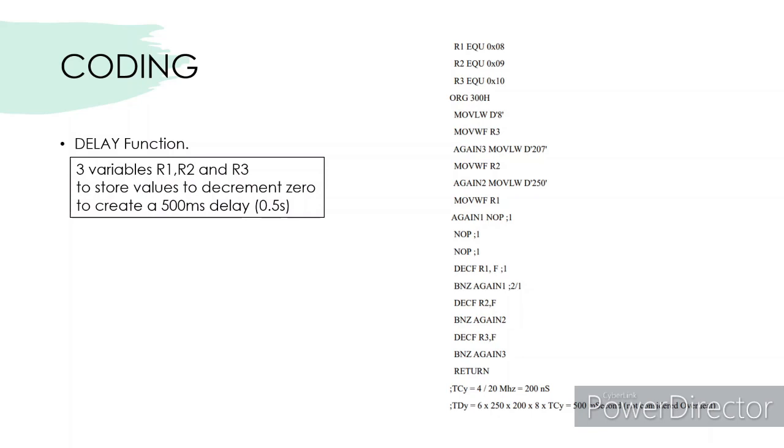And then we use a no operation, add in with decrement F, and then the branch no zero function. In the calculation below, you can see that the total delay for one delay function is 500 millisecond or 0.5 second, which is not considered overheat.